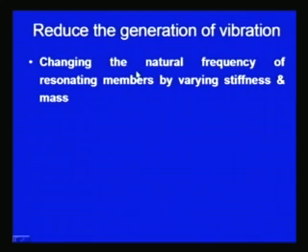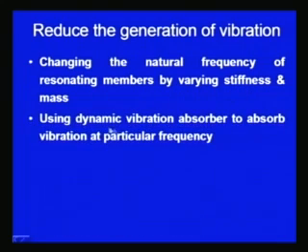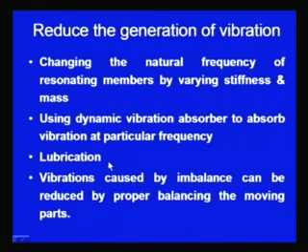To control the generation of vibrations, we can change the natural frequency of the resonating member by varying its stiffness and mass, use dynamic vibration absorbers to absorb the vibration at a particular frequency, and use lubrication so that vibrations can be reduced. Vibrations caused by imbalance can be reduced by properly balancing the moving part.